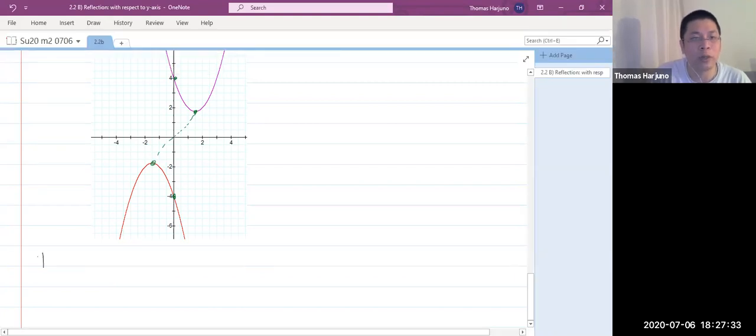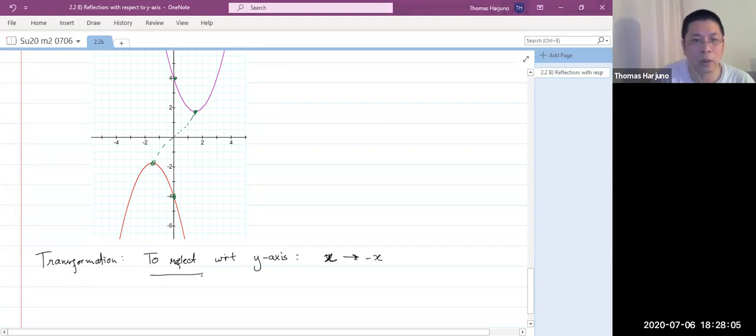Now, that gives us one new thing though. Going back to transformation that we learned last Friday, to reflect with respect to y-axis, you replace x by negative x.